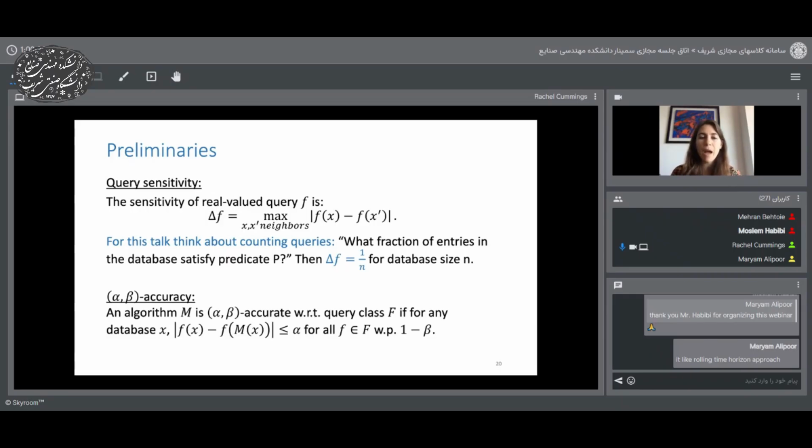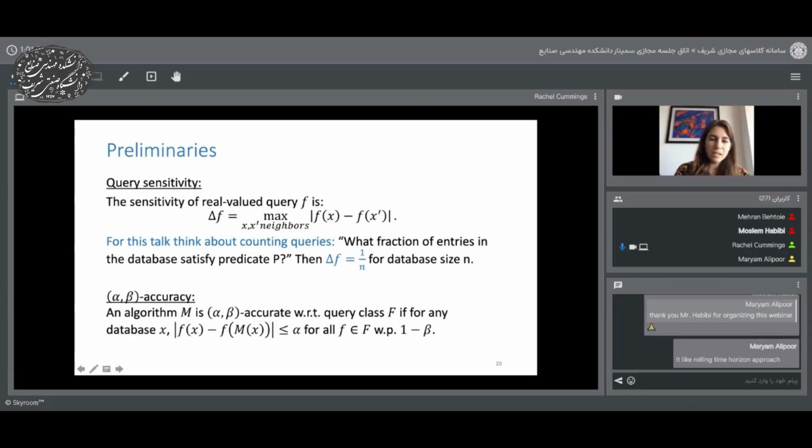We'll say that some algorithm is alpha beta accurate with respect to a query class F, and this may include multiple of these queries, if for any database X, I'm going to have additive error at most alpha for all of the queries in my class with probability 1 minus beta. So this alpha is my additive error, and the beta is my failure probability.